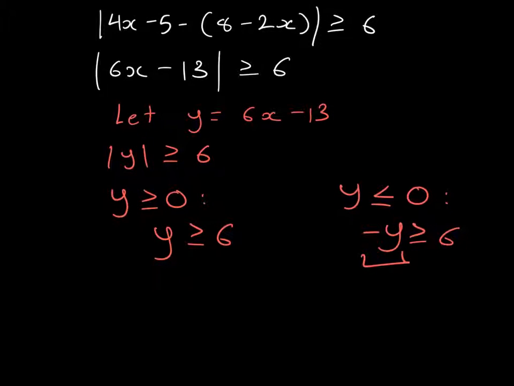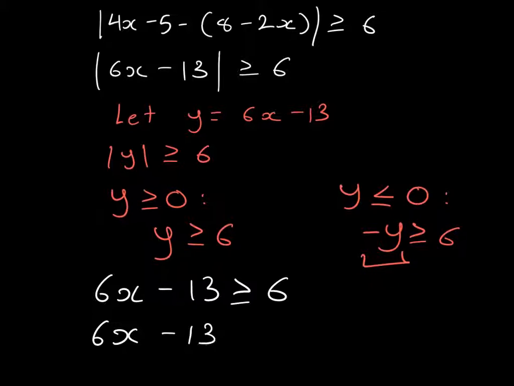And let's use x as our variable again. So 6x minus 13 is greater than or equal to 6, and this automatically meets the condition that it's greater than or equal to 0. Or 6x minus 13 is less than or equal to negative 6. Actually, let's rewrite that so I can properly derive it.